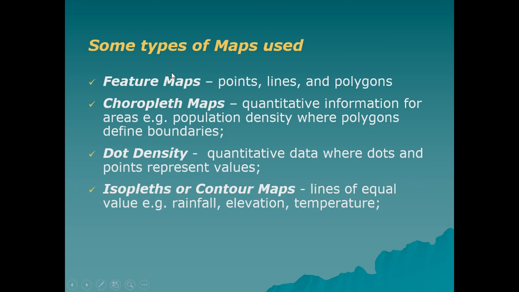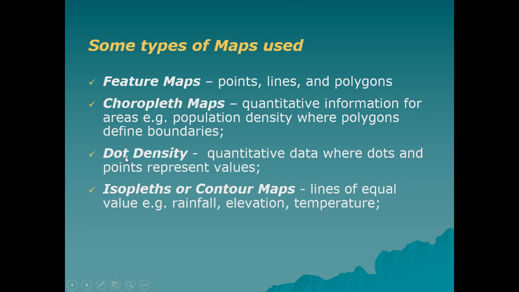Getting back to the various types of maps, you should recall that we talked about feature maps, representing features as points, lines, and polygons. We talked about choropleth maps. For example, a population density map would be a choropleth map. We have dot density maps, which can also show population density, but it uses points to represent specific values.